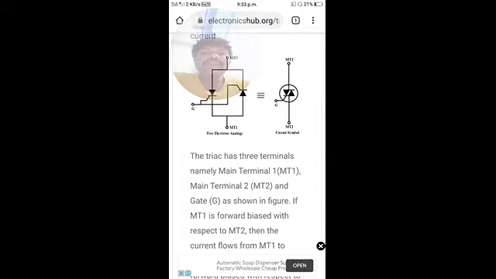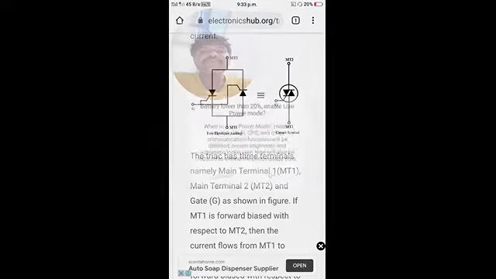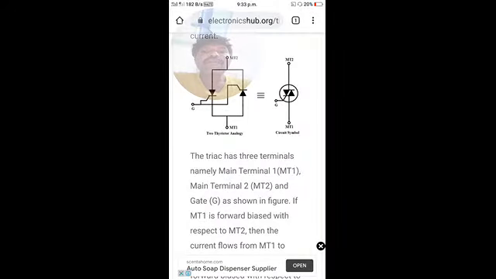If MT1 is forward biased with respect to MT2, and the gate is open, and the applied voltage between MT1 and MT2 reaches above the breakover voltage, then the triac will allow the current to flow from MT1 to MT2. This is called forward operation.